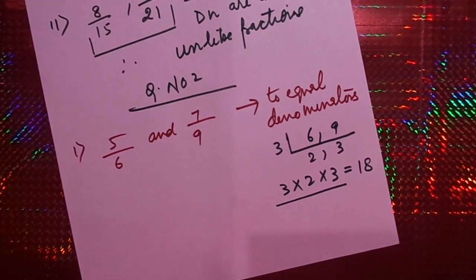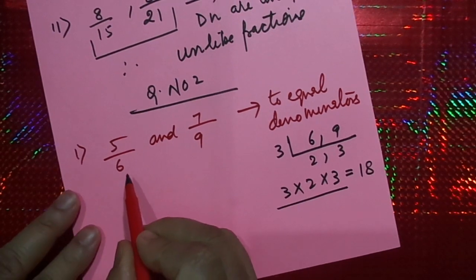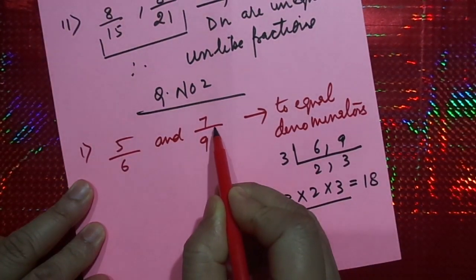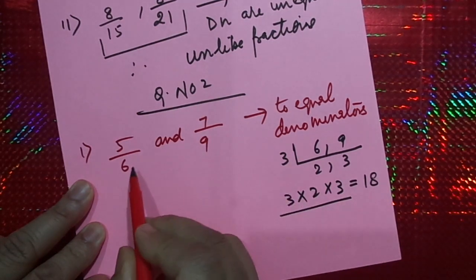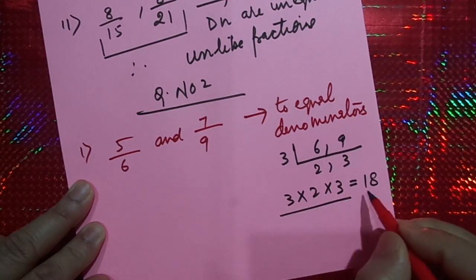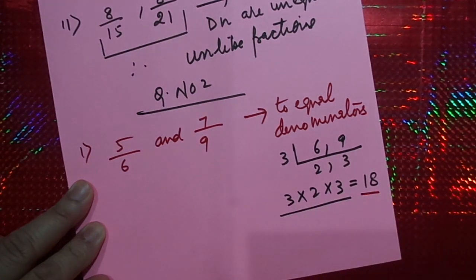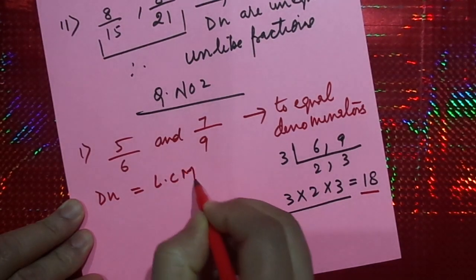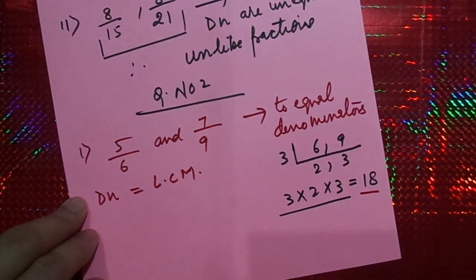Now, in order to make these two fractions have equal denominators, their denominator should be equal to their LCM. Denominator should be equal to LCM. Therefore, let's see.